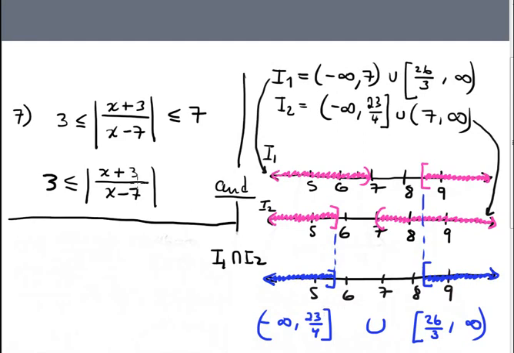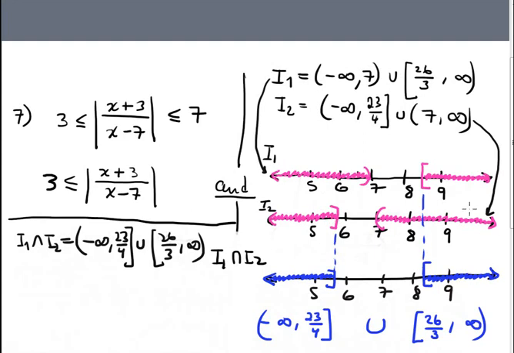So the solution, the intersection of interval 1 and interval 2, the common part, is from negative infinity, comma, 23/4, bracket, union, bracket 26/3, comma, infinity. It's obvious that this is the common part in this part, and this is the common part in this part.